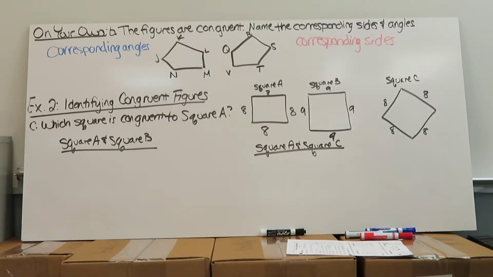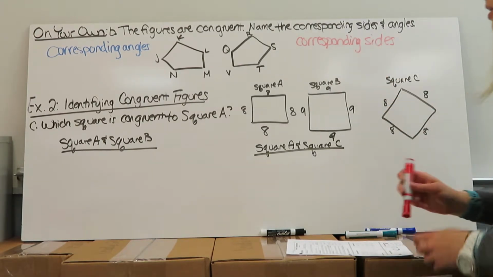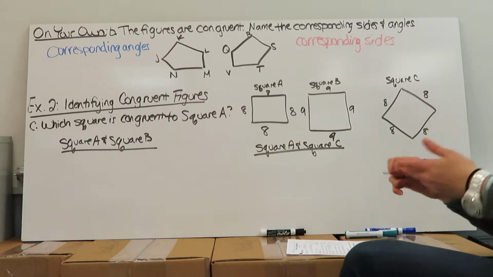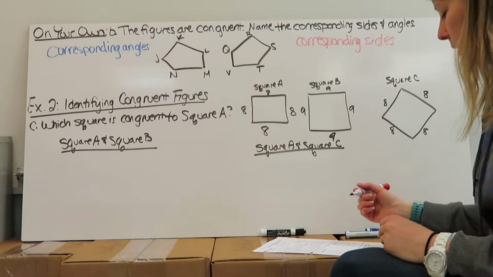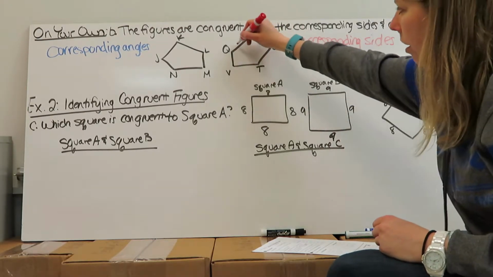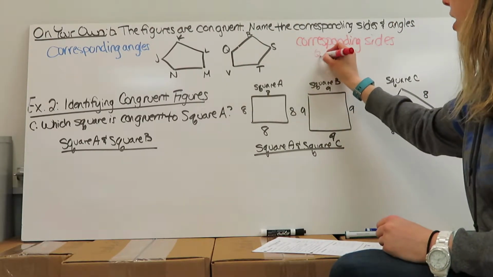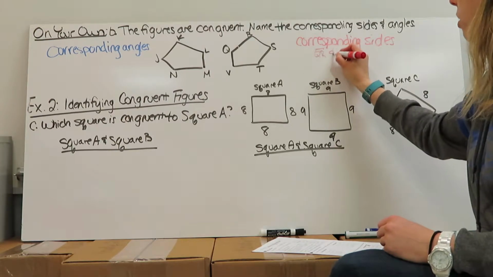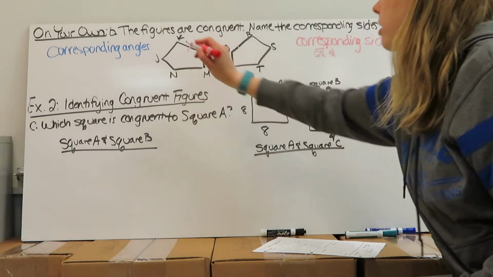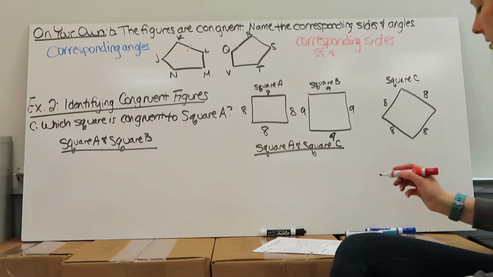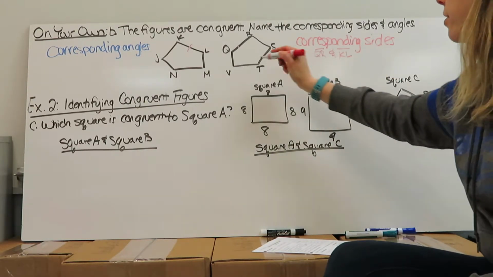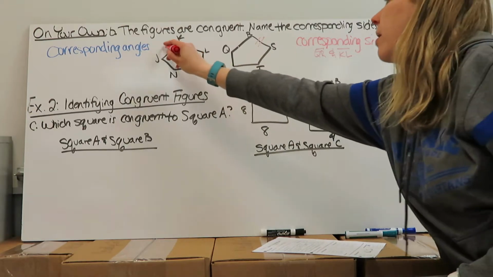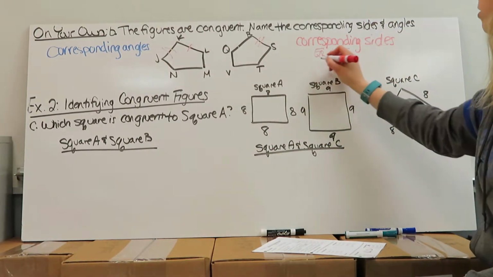So just like before, I'm actually going to start with corresponding sides this time. It doesn't matter, you can start with whichever one you prefer. So we're going to start with QR. So the side length QR corresponds to KL. Then we have RS, which corresponds to JK.